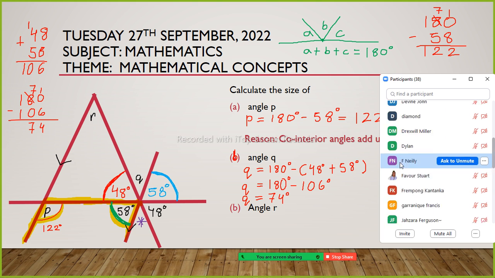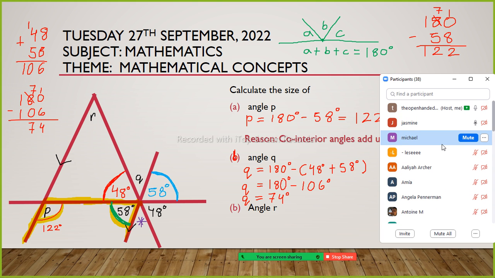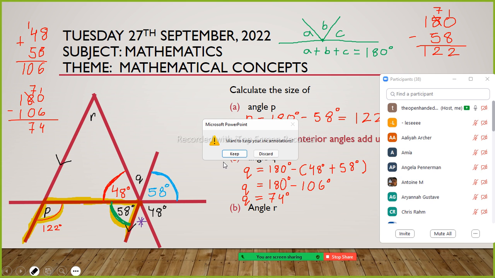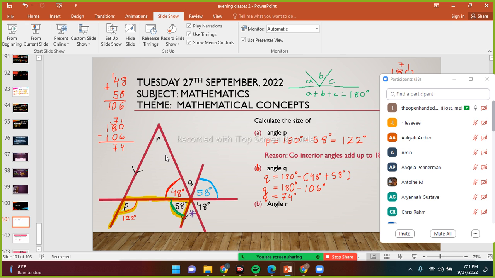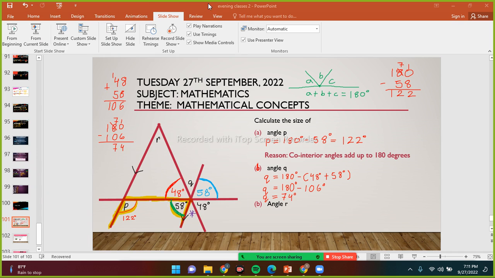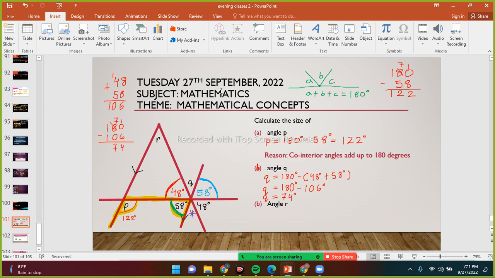Oh, angle Q, you give the reason. Okay, so let's give the reason. Remember we already explained it. It's two reasons actually.